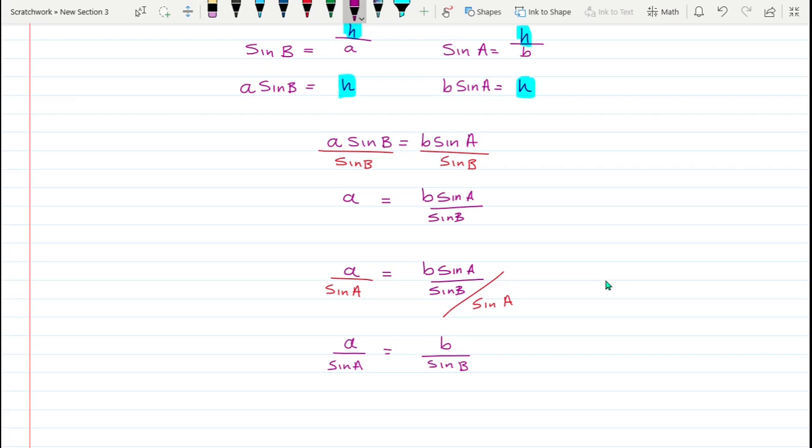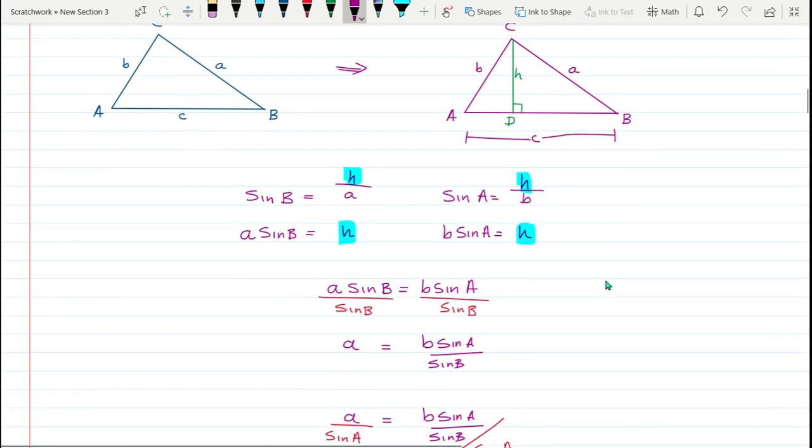Just rewriting the triangle originally a little different. So we would need to create another height from here to there, creating another right triangle within. Something like that.